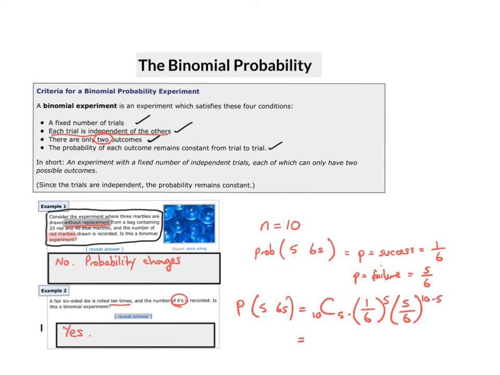So we get 10 choose 5, 252, then times 1 over 6 to the 5 times 5 over 6 to the 5 as well. And the answer is 0.013, which equals 1.3%. So 1.3% chance of getting 5 sixes.